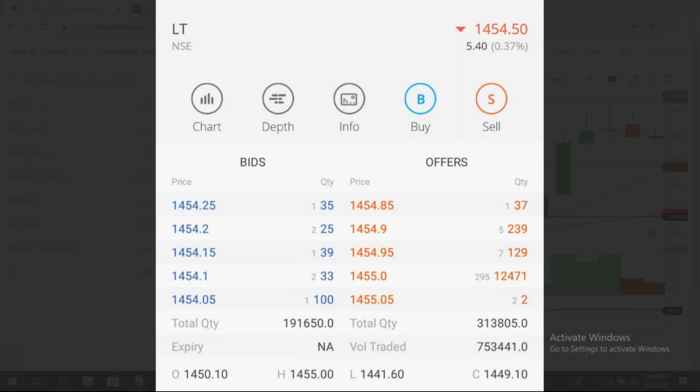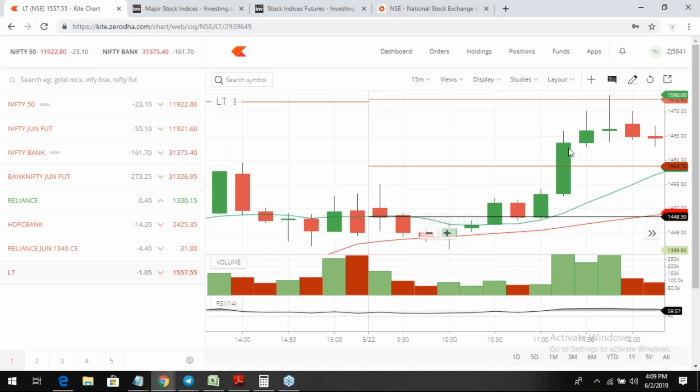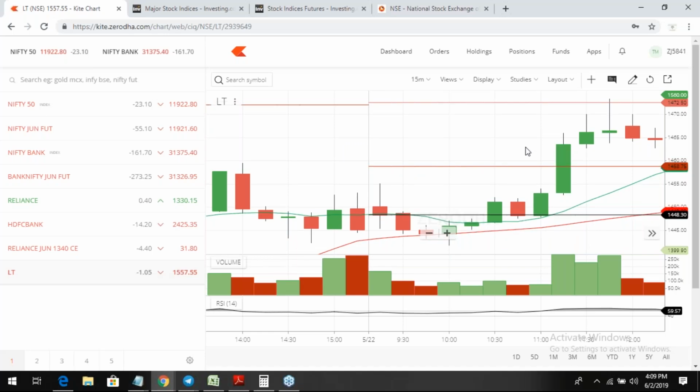Again saying fall. But what happened? The market goes 20 rupees up, 55, 65, almost 75 rupees. What happened?